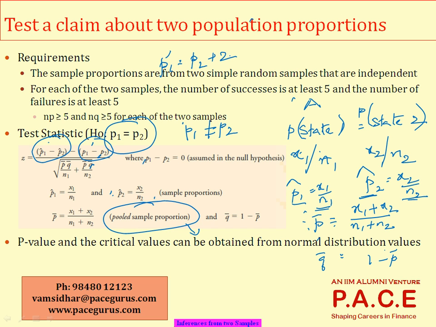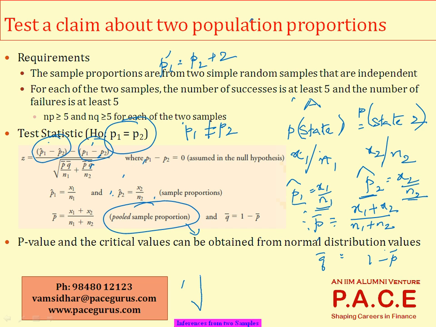Whereas the test statistic here is very simple. It is the difference between both the sample proportions, minus the hypothesized difference between the population proportions. When you hypothesize that both populations are equal, the difference between the population proportions is 0. If you hypothesize a difference of 2%, then the difference between the two population proportions is 2%. So depending on what you have hypothesized, you take P1 minus P2, and in the denominator you take the standard error, because there are two different populations.